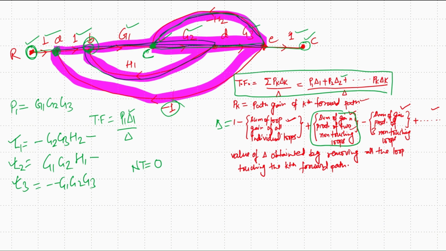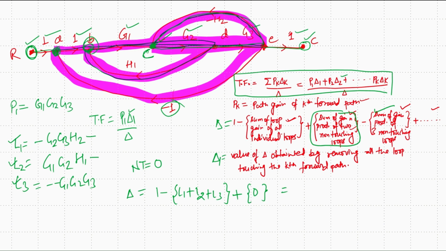Similarly, there are also no three non-touching loops. The value of delta 1 is the value of delta obtained by removing all the loops touching the kth path. So first, delta is 1 minus the sum of all individual loops, which is L1 plus L2 plus L3, plus the sum of gain products of non-touching loops, which is 0.